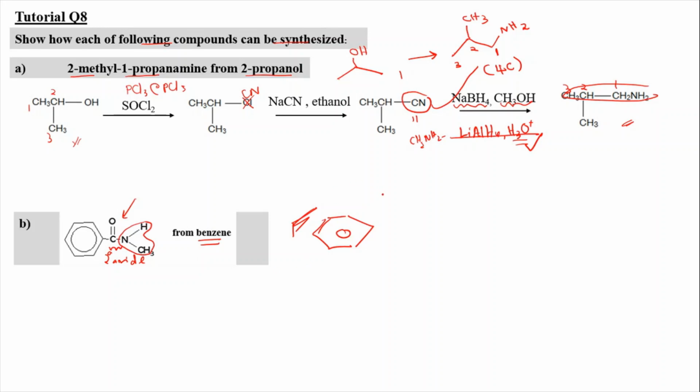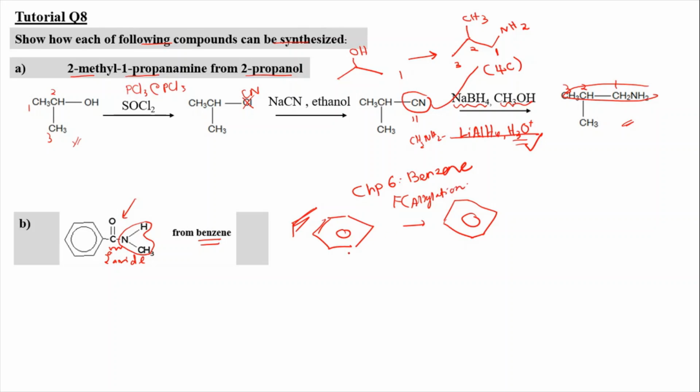Okay, so we have to use our knowledge from chapter 6, which is the chapter of benzene and its derivative. In order for us to add the carbon chain, we can use Friedel-Crafts alkylation.